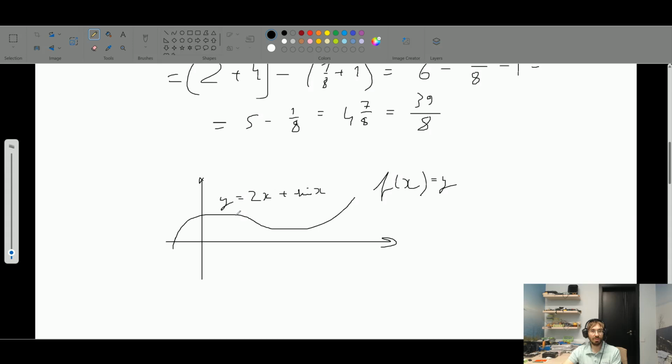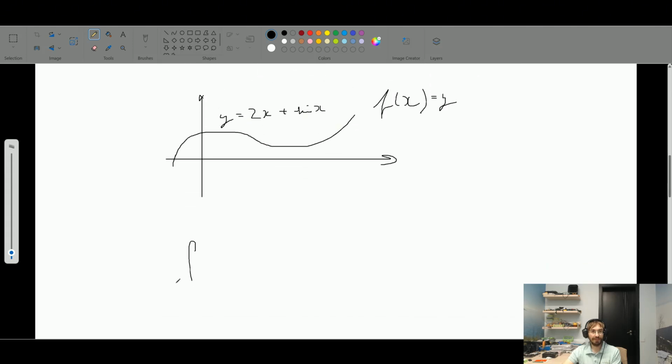And you need to calculate the definite integral of that, 2x plus sine x dx, from 1, let's say, to 3. So that will be 1, that will be 3, and the value of this definite integral will be this area under the curve, so between the curve and the x-axis.